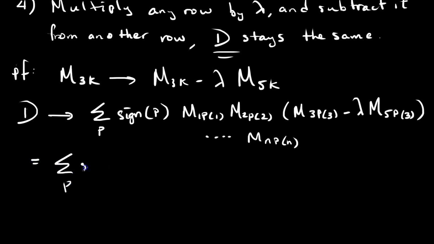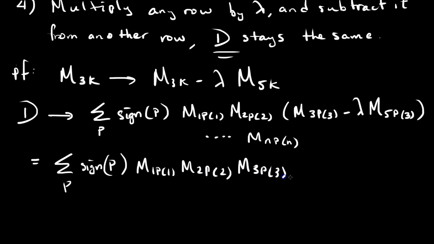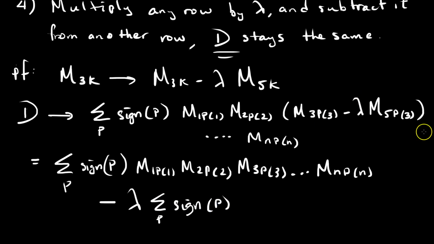So it's going to be sign of p, and then I'm going to have m1,p1, m2,p2, m3,p3, all the way to mn,pn, right? And minus lambda times the sum of sign of p, right? We're just expanding this out.